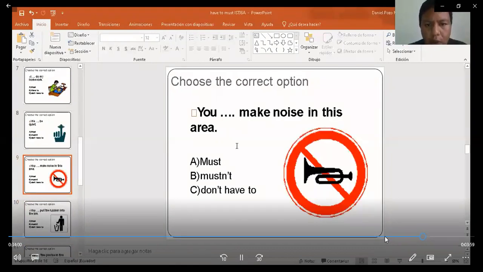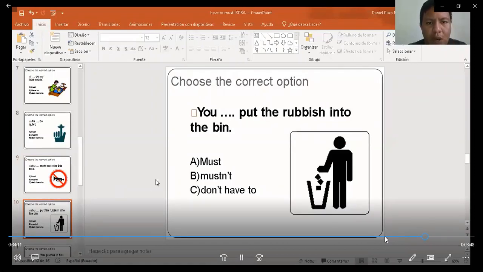You mustn't, or don't have to make noise in this area. Next one. You put the rubbish into the bin. Must, mustn't, or don't have to.